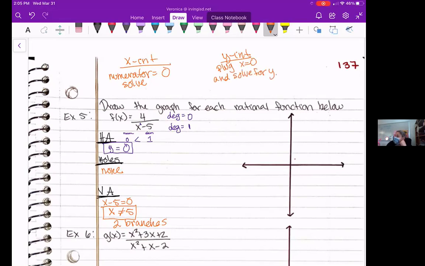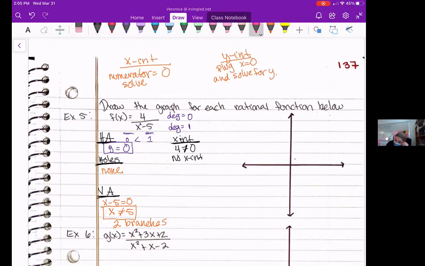Okay, in case you forgot. So for this one, for your x-intercept, our numerator is 4, set 4 equal to 0. That does not happen. So there is no x-intercept. That means this graph will never cross the x-axis. That tells me that my horizontal asymptote is at y equals 0, right?